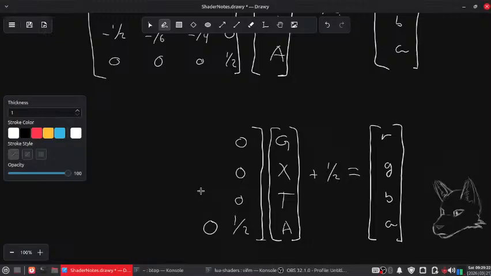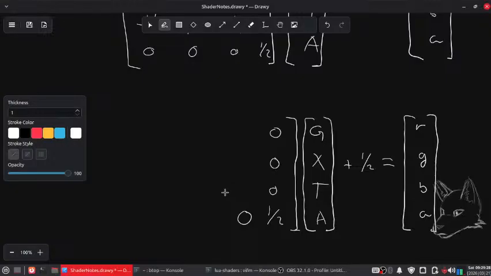So blue is minus a half, plus half green, which means 0 green. Half red. This is the spread. This is correct. Cool. We have that.